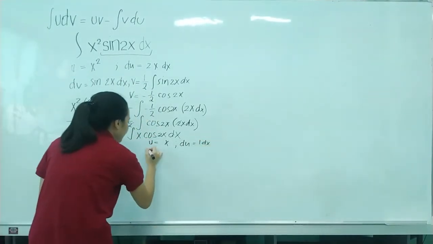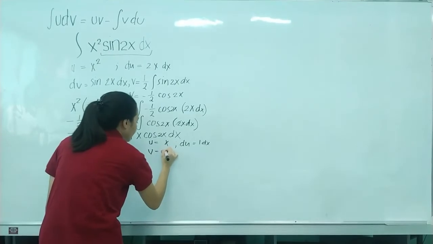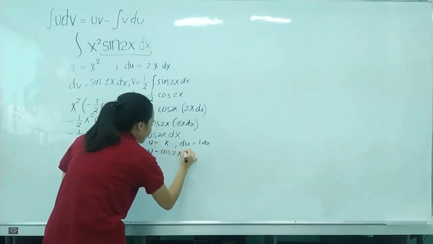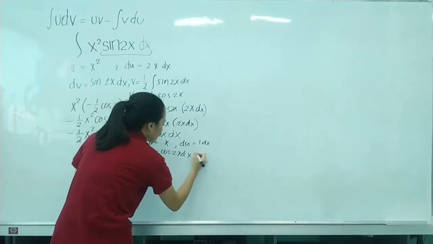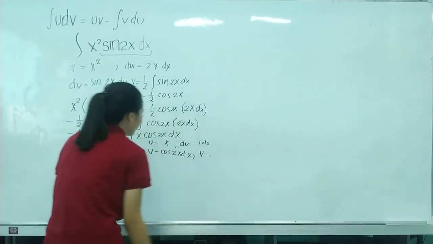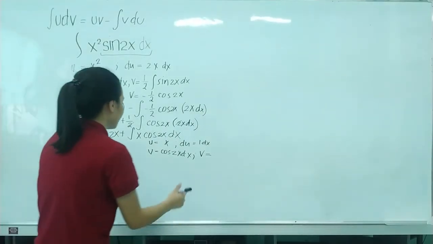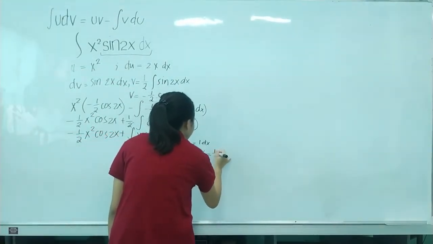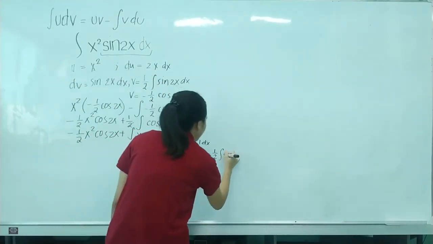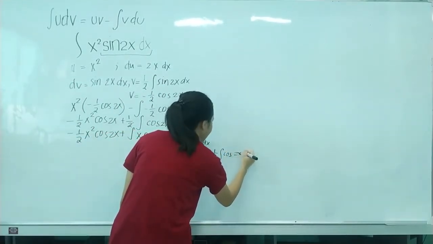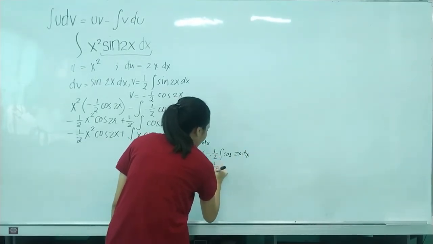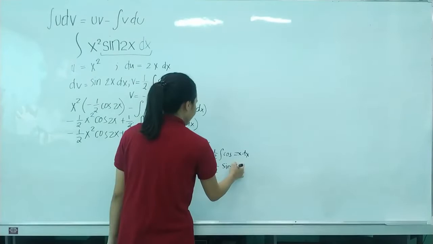Our dv is cosine 2x dx. So integrating it, our v will be 1/2 integral of cosine 2x dx, so it will be 1/2 sine 2x.